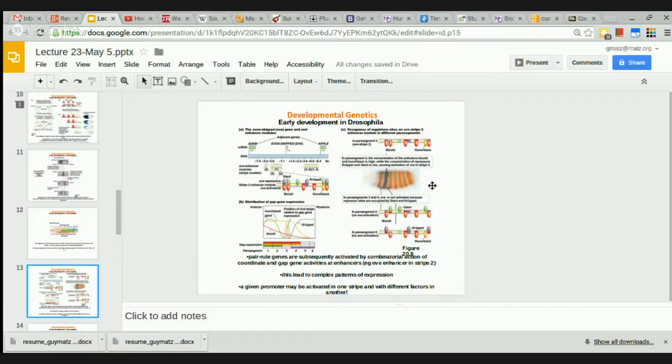But the key point is that the expression pattern responds to essentially different activities. And you sort of said that in your question. That was absolutely correct.